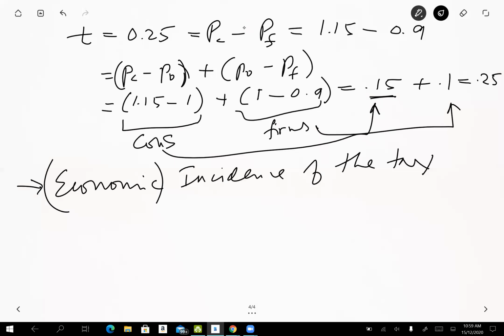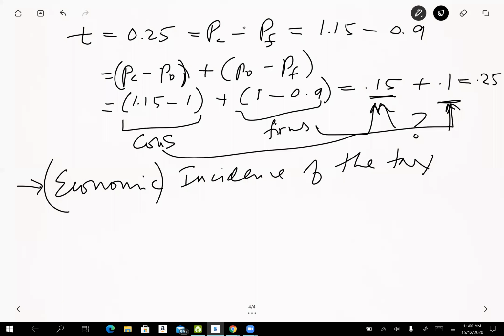So 25 cents will be shared by both. Now, just an extension: how do we know how much is going to be paid by firms and how much by us? Here in this example it is 15 and 10.